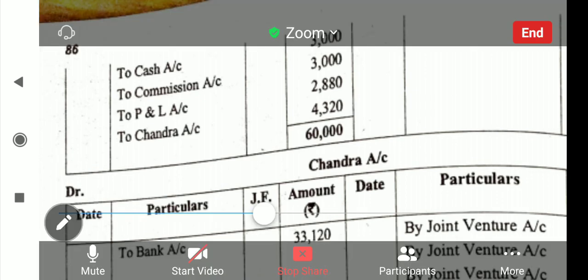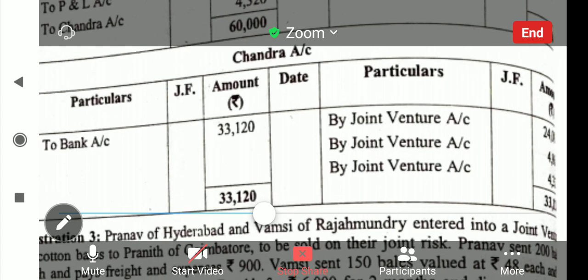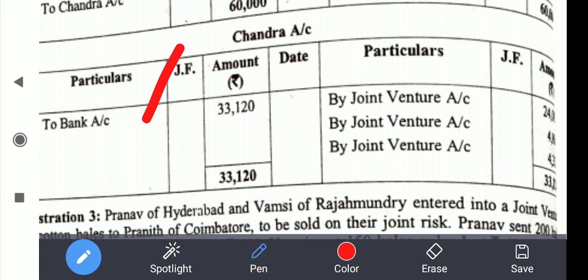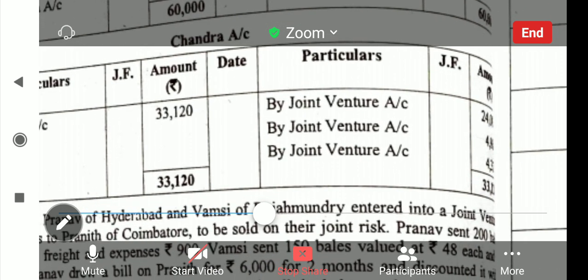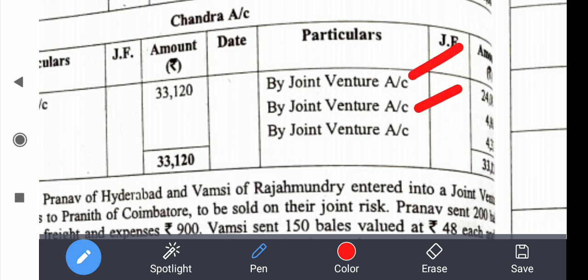So go to the next account, Chandra account. In the books of Ramya, we have to write only Chandra account. Here, this is from the sales point of view. The remaining balance should be paid to that. Chandra's amount: the first thing is the goods supplied, how much goods were supplied, then expenditure, then the last one is the profit position.